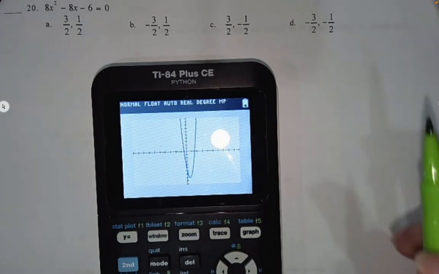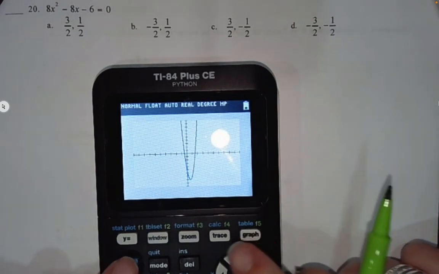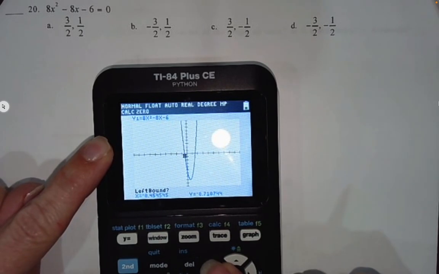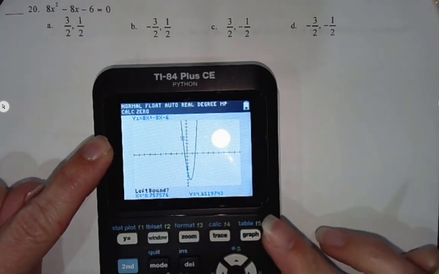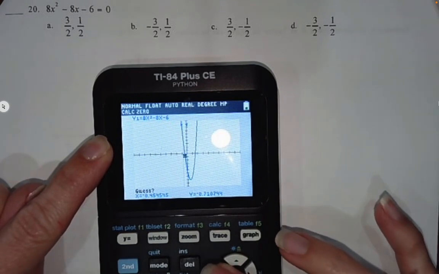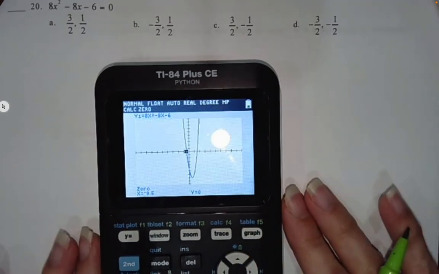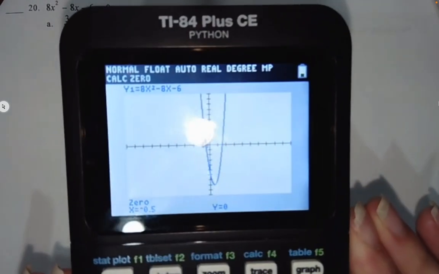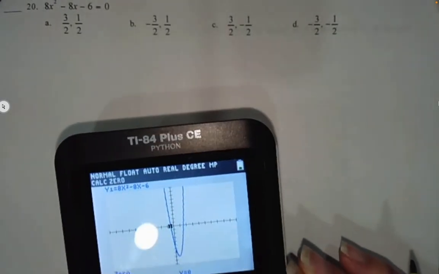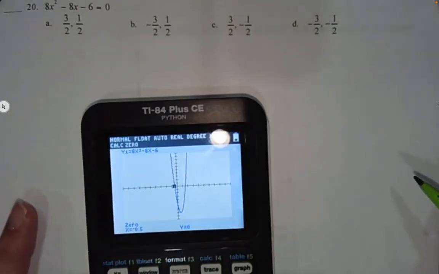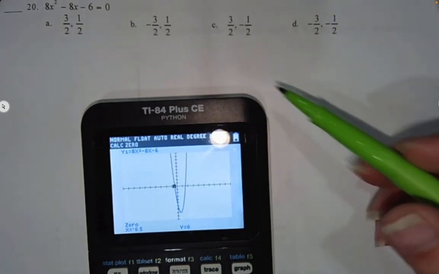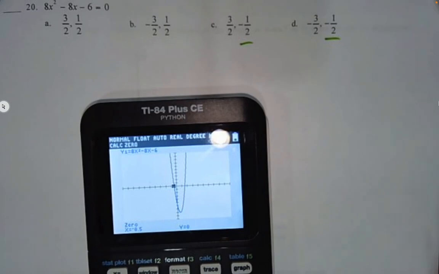I'm going to need to use that zero button. So I press second trace, number 2, and we'll find this one first. I go to the left and press enter, go to the right and press enter, and back to it. What's that first one? Negative 0.5. What is negative 0.5? Negative 1/2? Yeah.